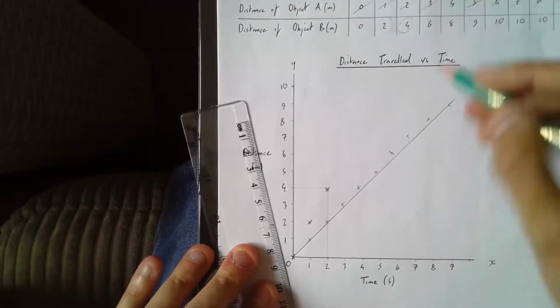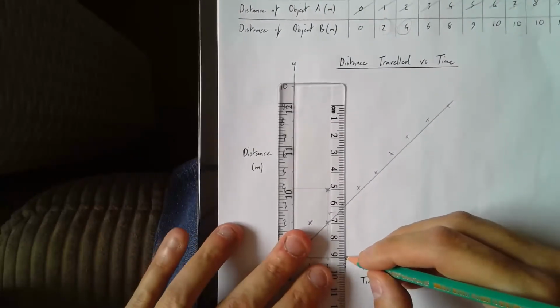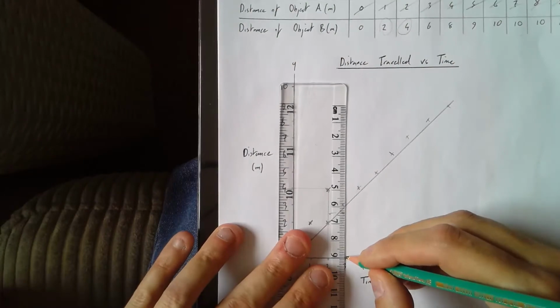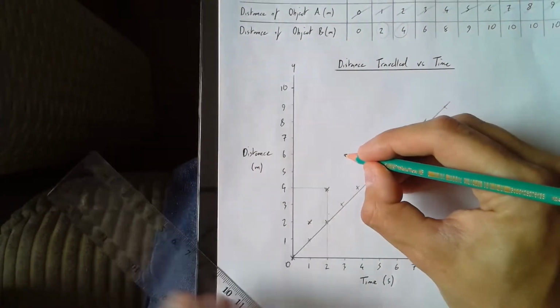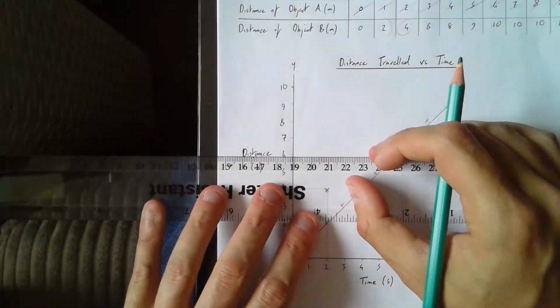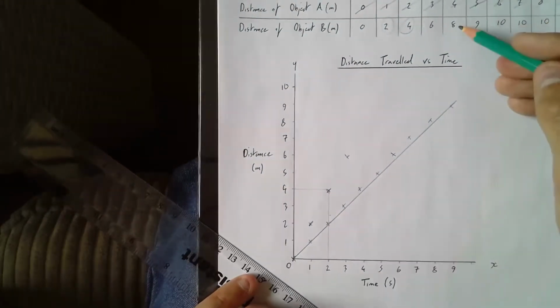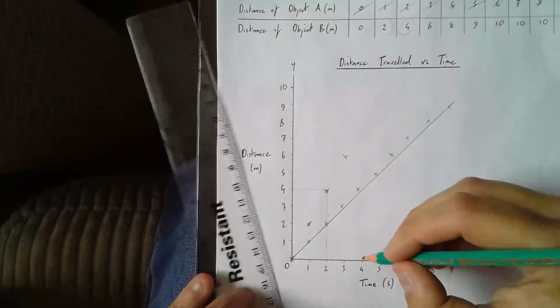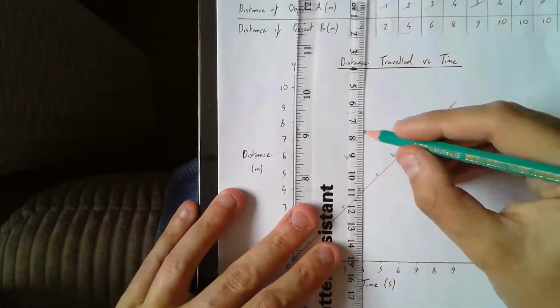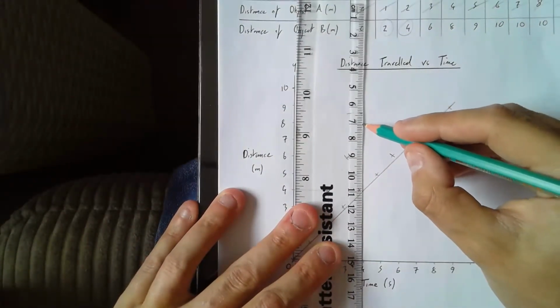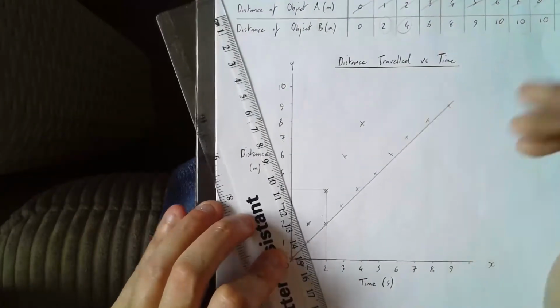So 3 seconds we have 6 meters. Again, just measuring across, making sure we're as precise as we can be. At 4 we have 8, so we'll go up to 8 here, just like so.